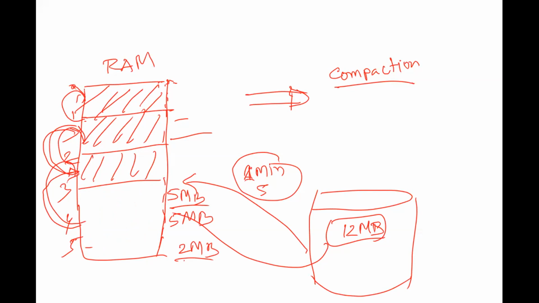Also, if you consider doing this every 1 minute, you want to copy all processes together and put all holes together. So every 1 minute, what does the CPU require to do?